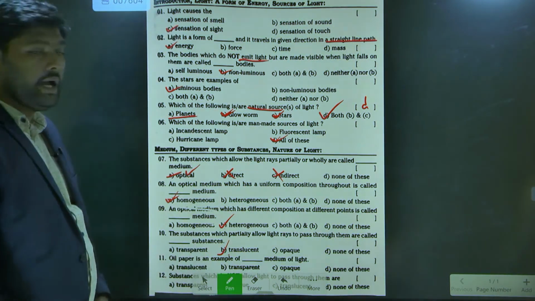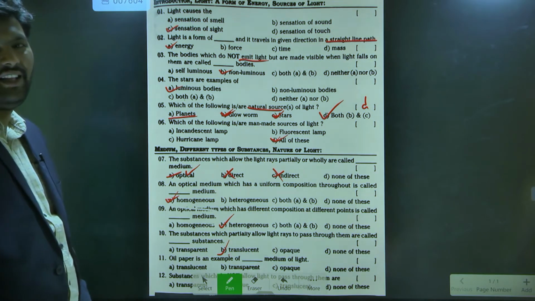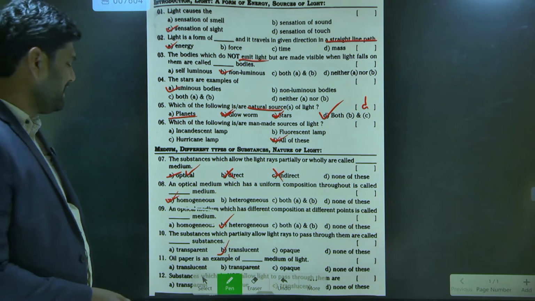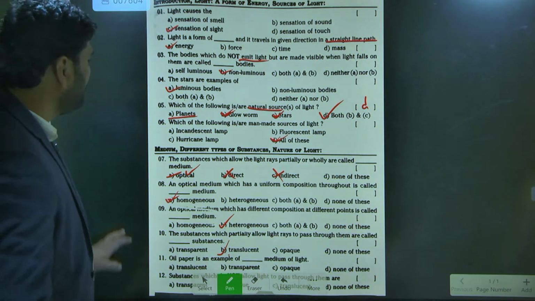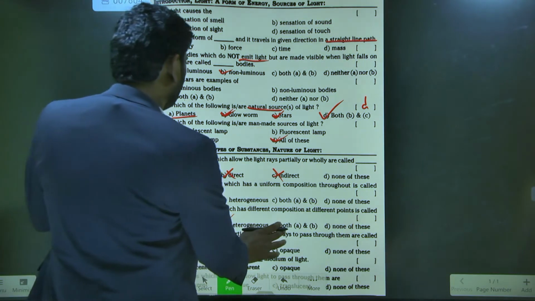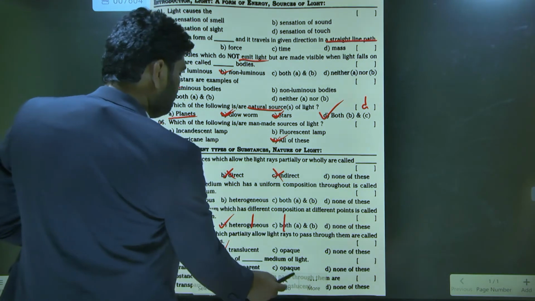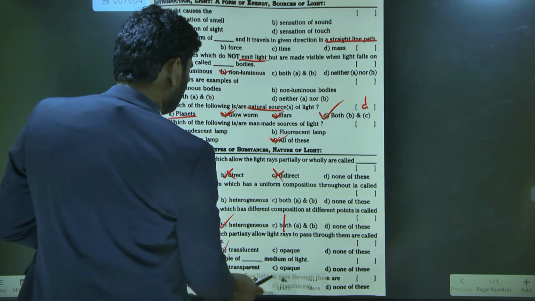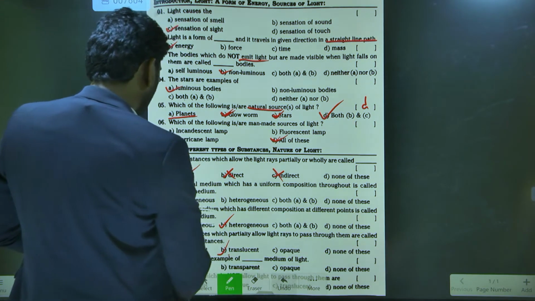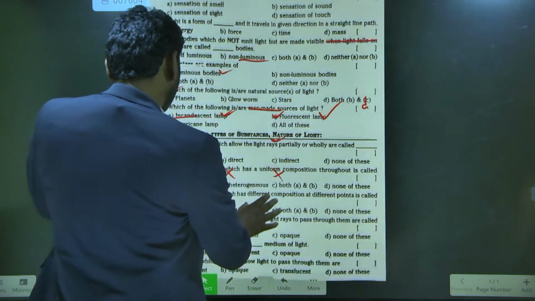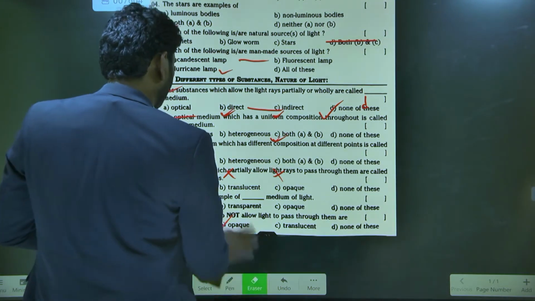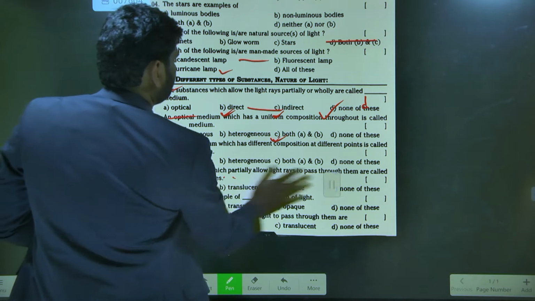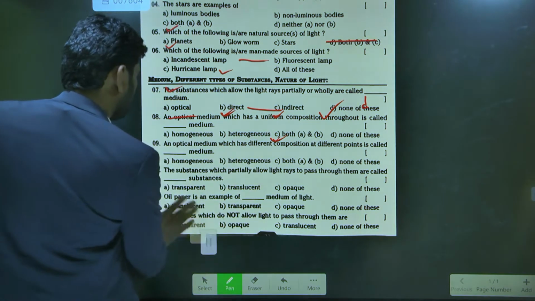Next, oil paper is an example. Just now I went through this example. Oil paper is the best example of what? Give me a second. Look at these questions.